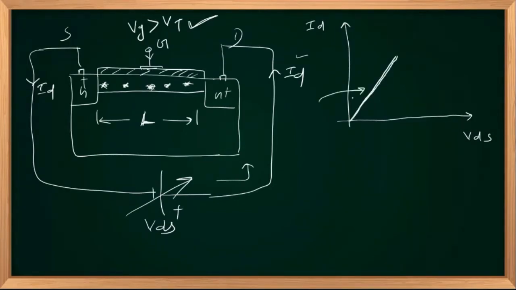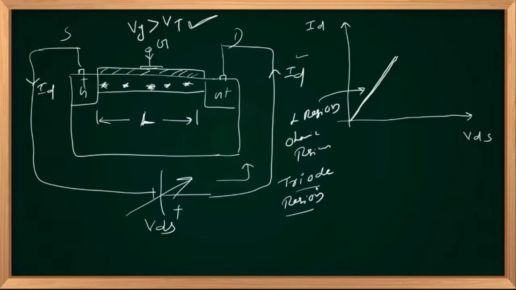So this region of operation we will call linear region or ohmic region, because it corresponds to the behavior of a resistor. So it's an ohmic region, linear region, or the other name, triode region. And that is quite simple.